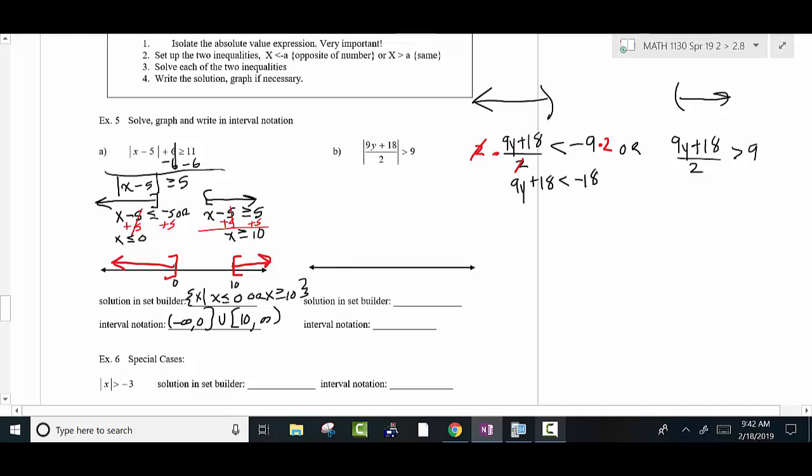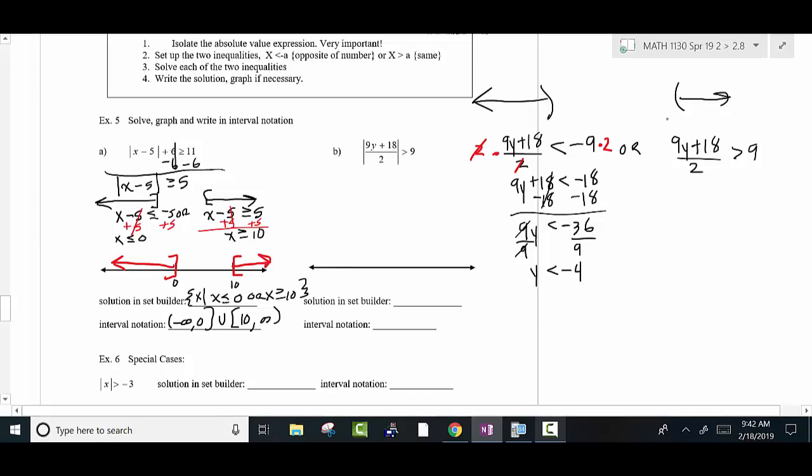Okay? And then you could subtract 18 from both sides. That would give 9y less than negative 36. Then you could divide by 9. And that would give you y less than negative 4. So the solution going to the left is to the left of negative 4.